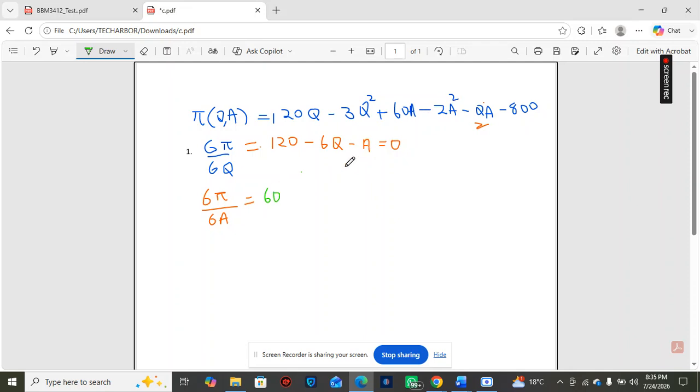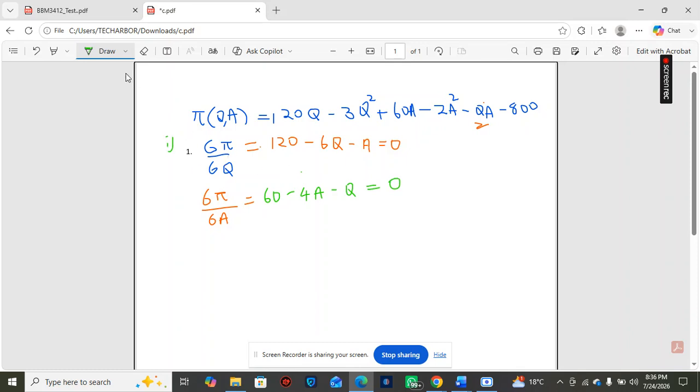Minus this 2A squared becomes 4A, so 60 minus 4A. Minus this QA, when we derive it, becomes minus Q. Equal to 0. Yes, colleagues. Any questions before we go to part 2?